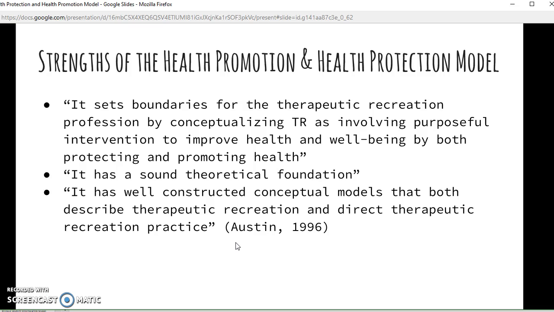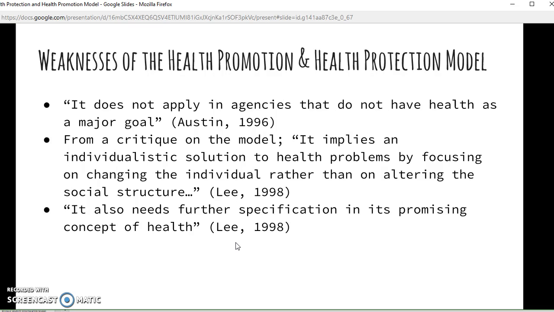Second thing is it has a sound theoretical foundation, and this model is based off the theory of the humanistic perspective. And then the third strength is it has well-constructed conceptual models that both describe therapeutic recreation and direct the therapeutic recreation practice.